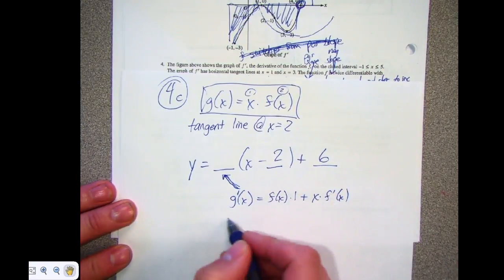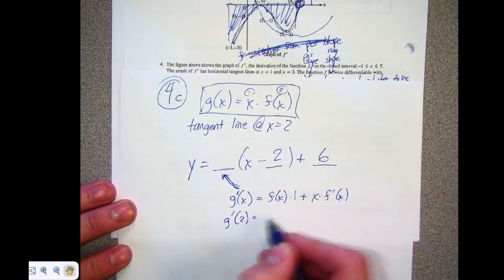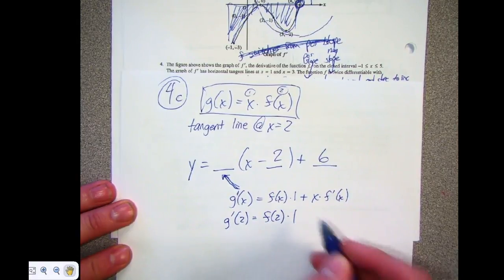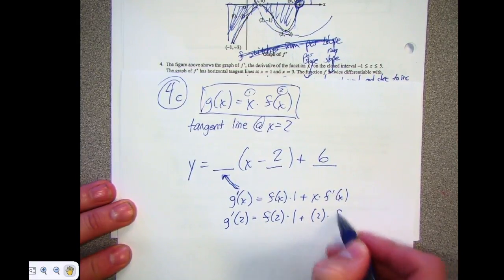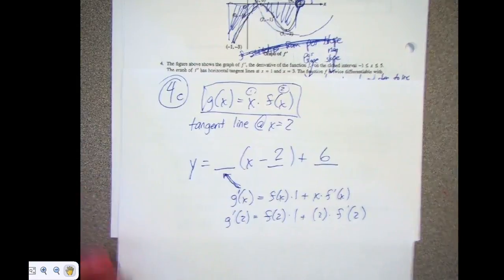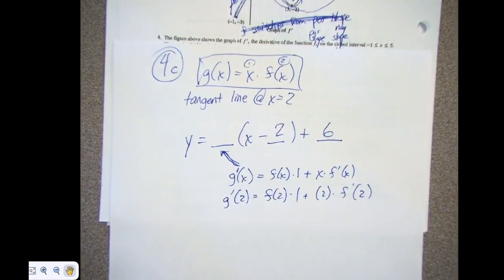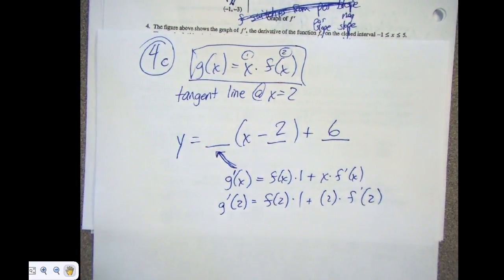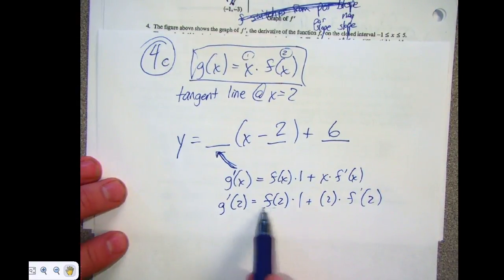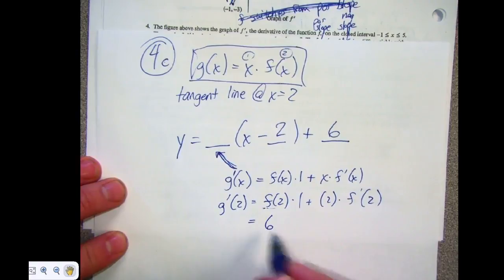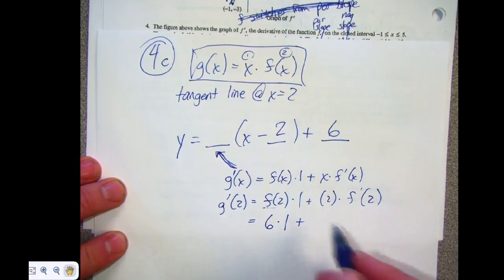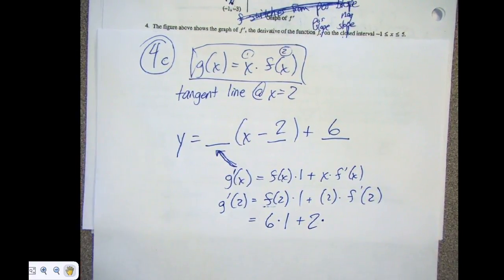And what I want is to know what the value of all of that is at 2. So I'm going to plug in 2 in place of all of the x's. And then I got to use the graph and the information they gave me to figure out all this stuff. So what's f of 2? 6, they told me that, times 1, plus 2 times, what's f prime of 2? It's negative 1.